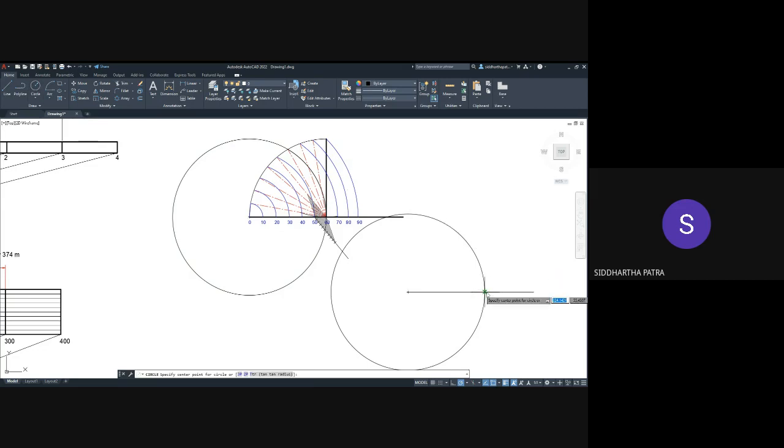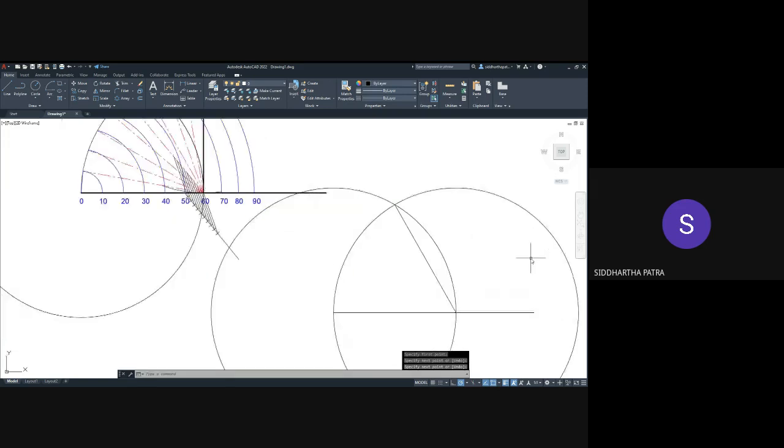Then, taking this point as the center, if you take the other point as one point on the periphery, keeping the same radius, if you draw another circle, then you have this 60-degree angle. So if you join these two, this is a 60-degree angle.